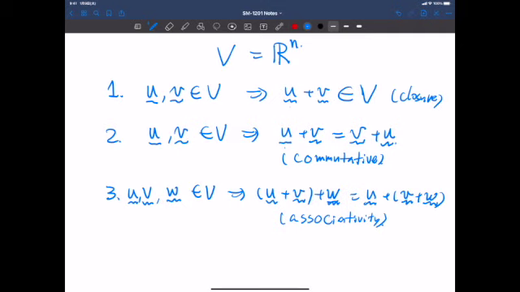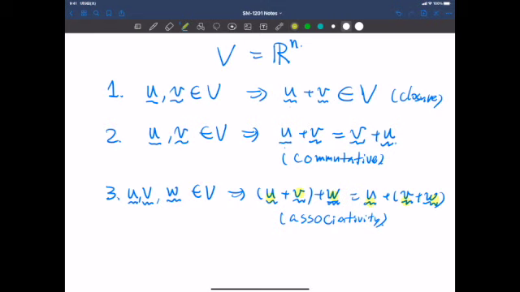This means first we add u and v, then add w, which is equal to first adding v and w, and then adding u. Remember, addition is defined between two vectors.